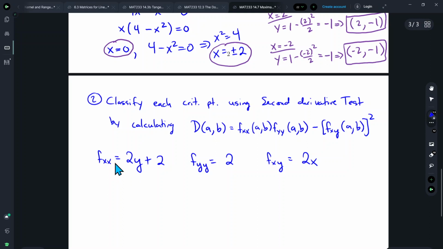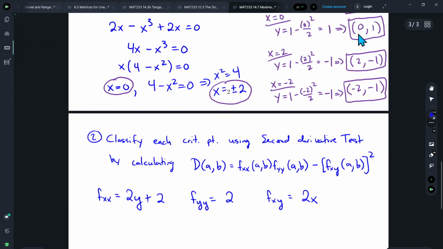Okay, so in this particular example, the second order partials aren't too complicated. So what you can do is to carry out this calculation here in terms of x and y, and then plug in the coordinates for the critical points at the end.